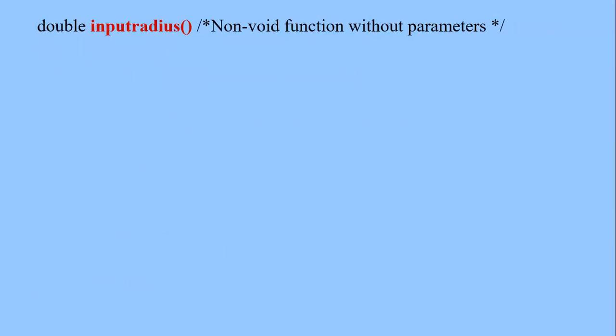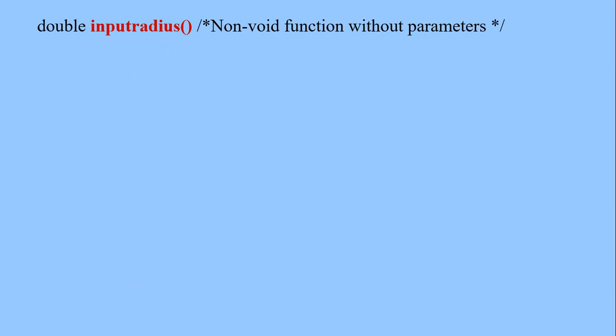The next non-void function is called input radius. So this is a function. It's a non-void function without parameters.